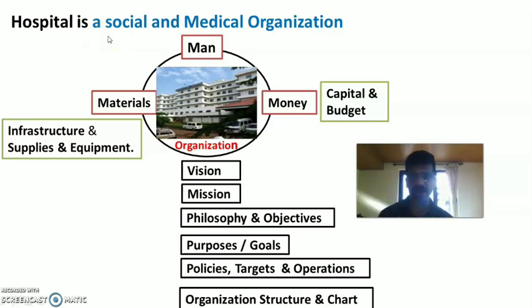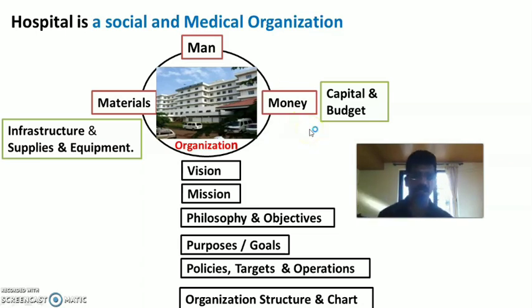As hospital is a social and medical organization, it consists of man, money and materials, the three important resources. Man is nothing but the employees: professionals, semi-professionals and non-professionals, that is the manpower or staff of the hospital.